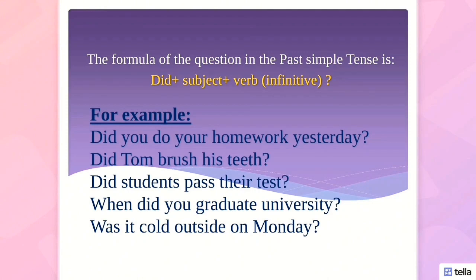Was it cold outside on Monday? You see, there is no action in this question, thus we used was instead of did. And we use was instead of were because there is it. And you have to remember that we use was with I, he, she, it, and were with we, you, they.